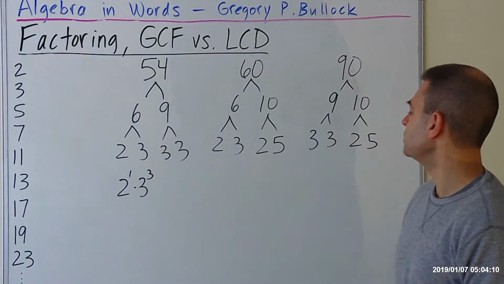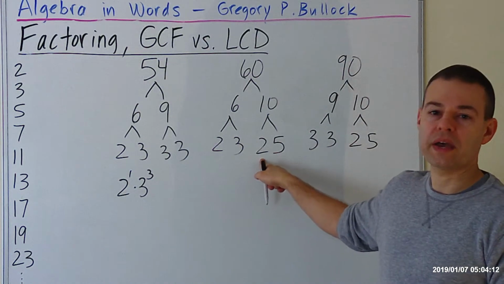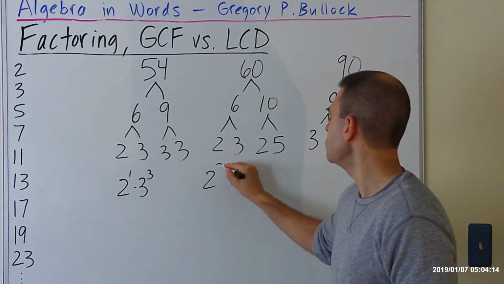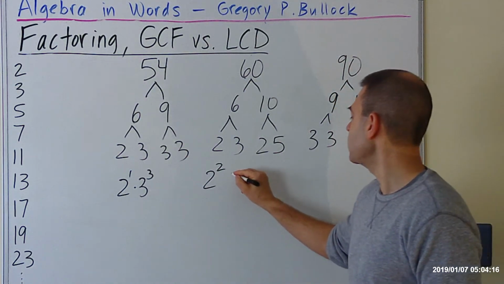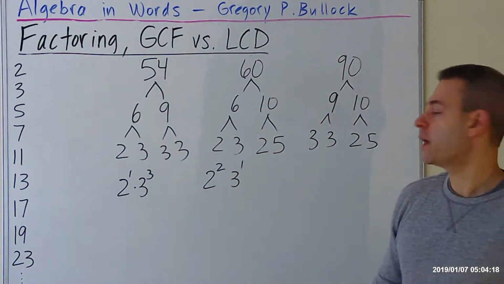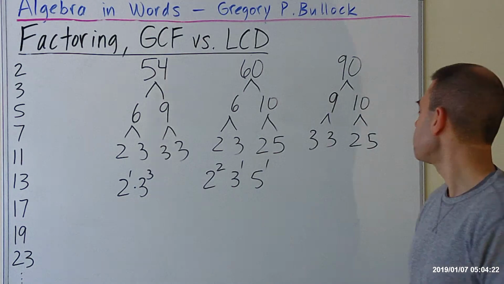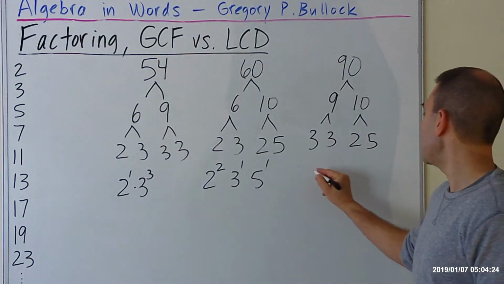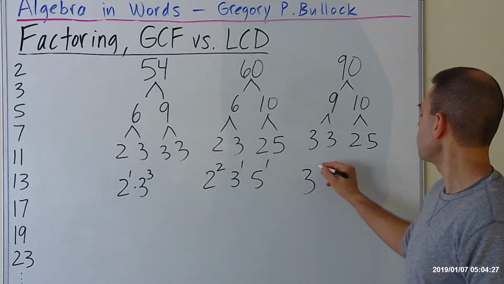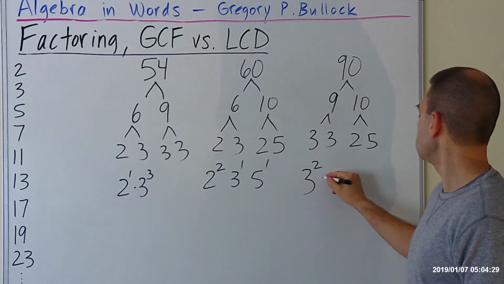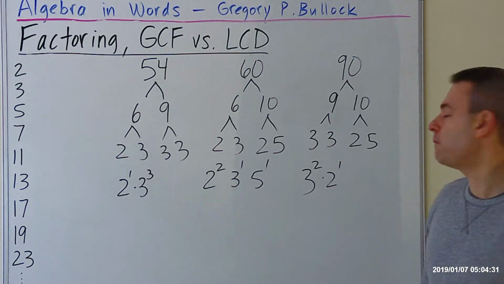Let's go to the next one. We have 2 twice, so we're going to write that as 2 squared. Then we have 3 once, and we have 5 once. And if we look at 90, we have 3 twice, 2 once, and 5 once.